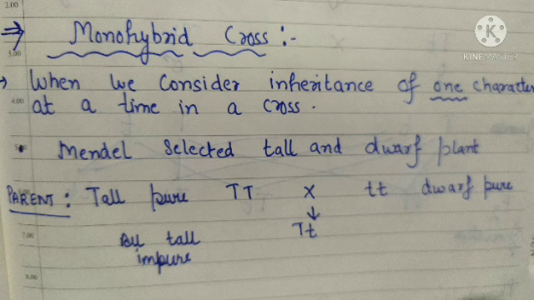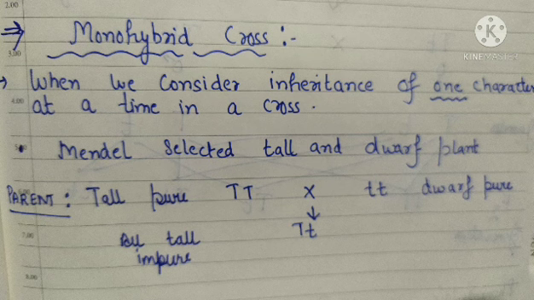The F1 generation consists of all tall plants, but in heterozygous condition. So the F1 plant is heterozygous and it is a monohybrid.